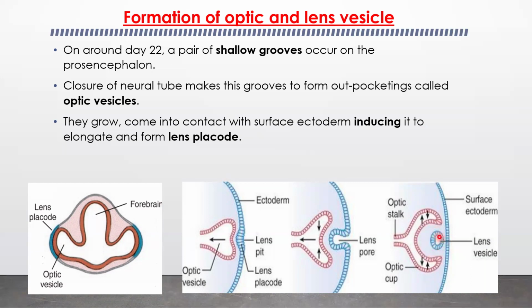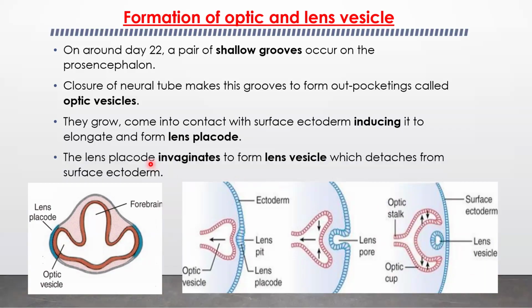So actually, you induce me, I induce you. The optic vesicle induces the surface ectoderm to form the lens vesicle. Then the lens vesicle will induce the optic vesicle to invaginate, as we will see in the next slide.